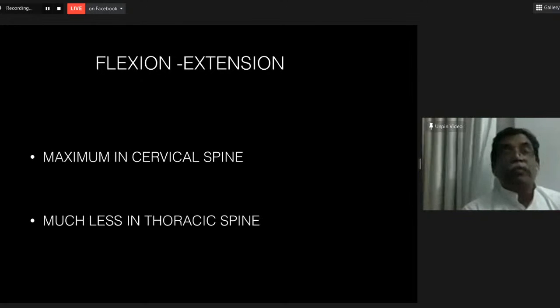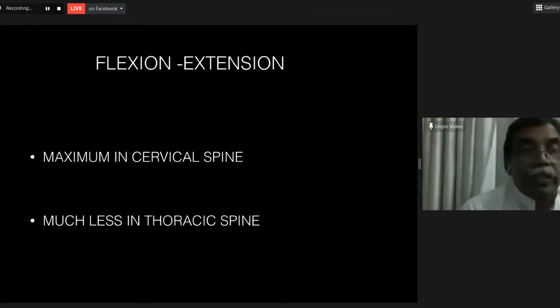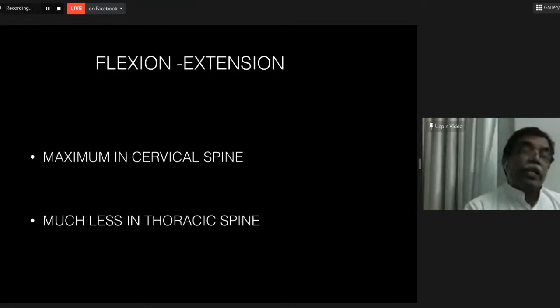Then flexion extension, as I had discussed with you, is maximum in cervical spine and much less in thoracic spine. You have to understand that atlanto-axial joint, but the rest, 40% of the rotation is in the other part of the cervical spine.